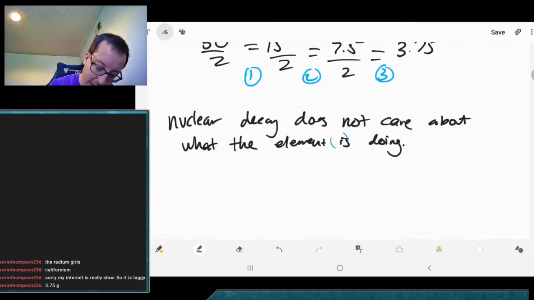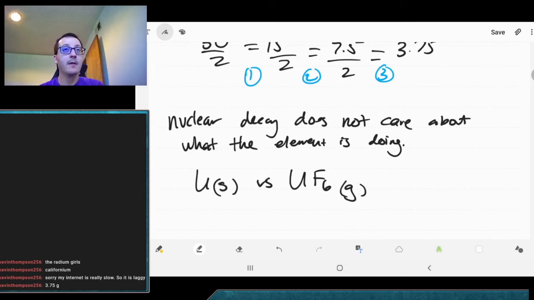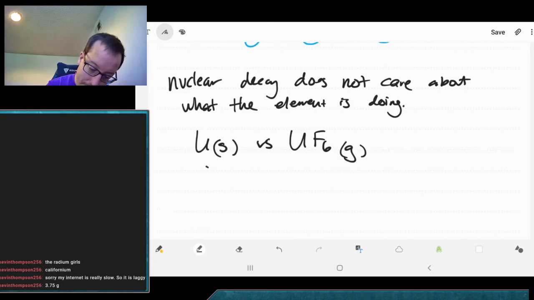So if you just have uranium, they both decay at the same rate. No matter what, if your uranium is solid, just pure uranium, or if it is uranium hexafluoride, or uranium 6 fluoride, I guess we should be correct with our nomenclature here. In the gas state, it doesn't matter. These will decay at the same rate.